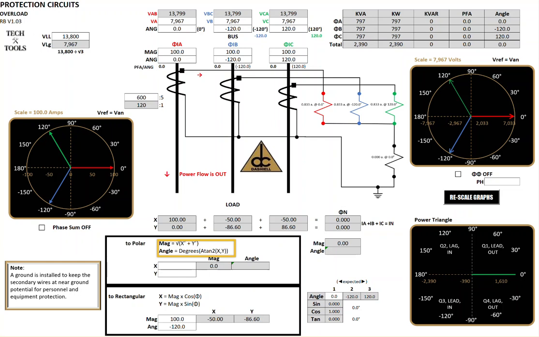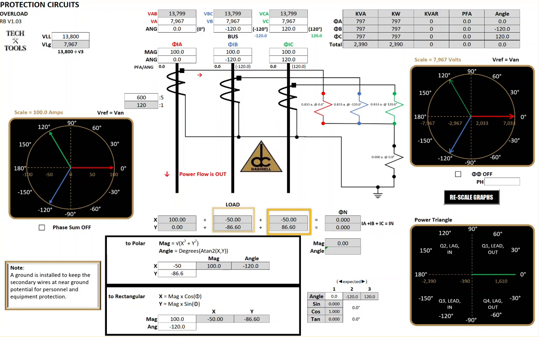And so if I enter the x coordinate, which was minus 50, and the y, which was minus 86.6, those two equations are performed, and I get my 100 at minus 120 right here. So I can do each one of these phases and use these values over here. There's the coordinates for A, there's the coordinates for B we just did, and there's the coordinates for C.